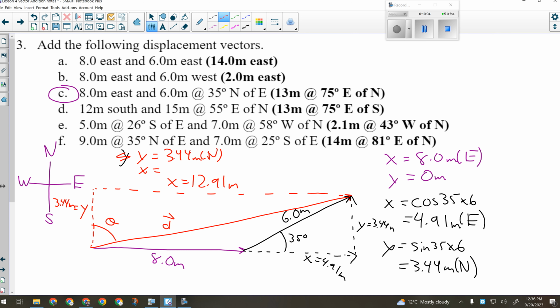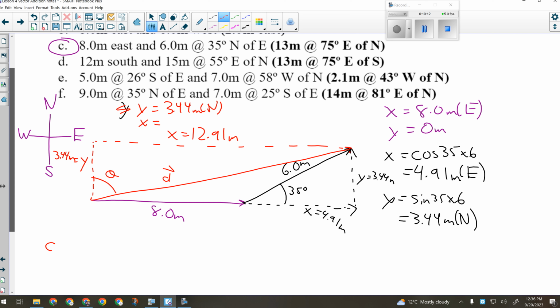Can I use them to get D? Using Pythagorean theorem. Okay, so if I use Pythagorean theorem here, big D is going to equal the square root of 3.44 squared plus 12.91 squared, obviously with all the decimals in place.